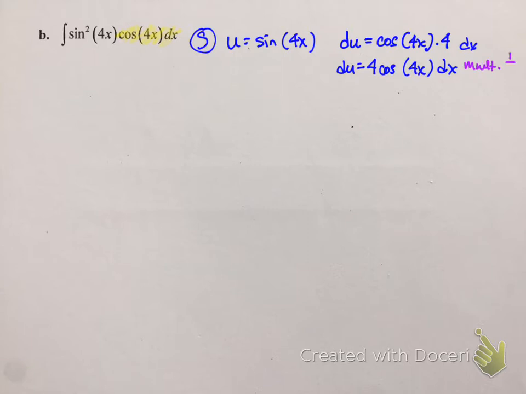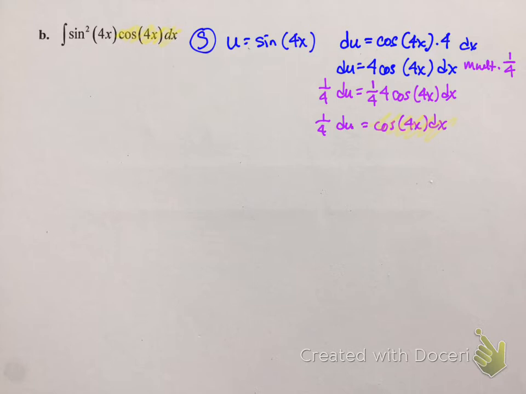So if I multiply by 1/4, taking 1/4 times both sides, that'll get rid of that 4 in front of the cosine 4x dx. And when I do that, I get 1/4 du equals cosine of 4x dx. Now my leftovers match. So cosine of 4x dx matches cosine of 4x dx.